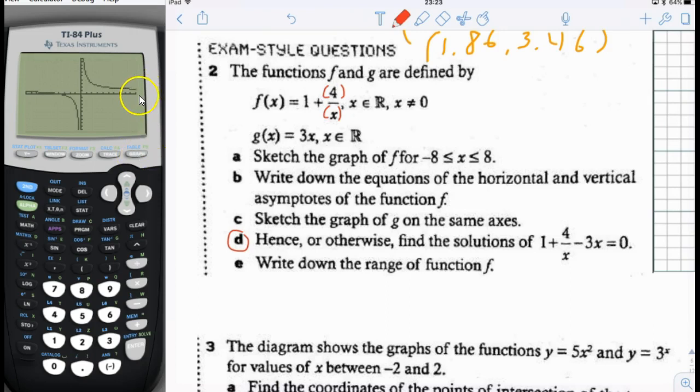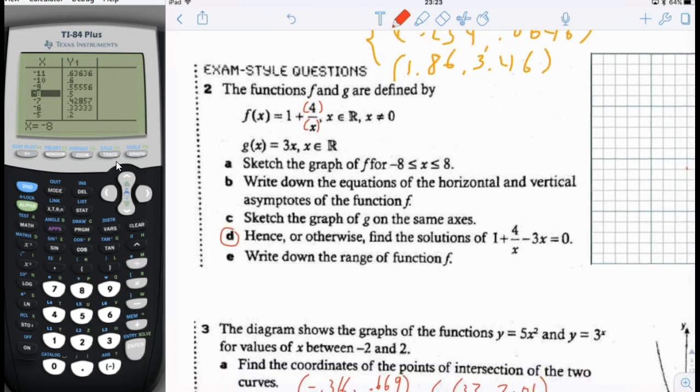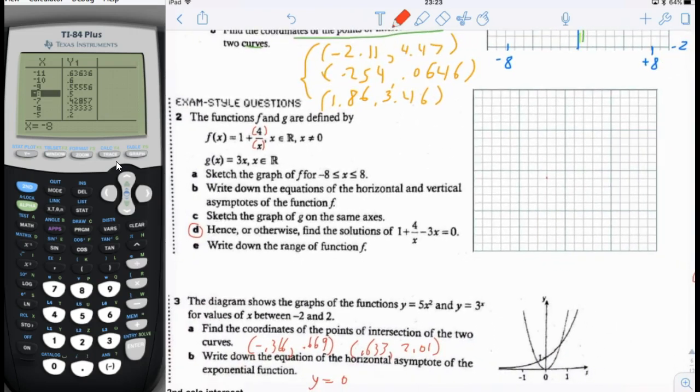Okay, first I've just graphed f, and it says to sketch the graph of f for the values x between -8 and 8. I'm going to use second table to see what those values are. Okay, I'm way off the edge here. Okay, so first of all, I'm going to be at -8, 0.5, so that's about there.